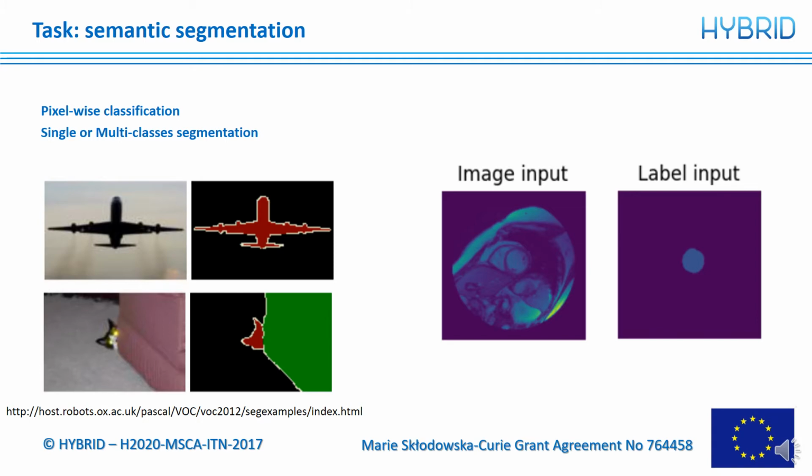For example, 0 for the carpet, 1 for the cat, and 2 for the sofa. And in our case, we will have as an image input the short axis view of the left ventricle chamber, and the output should be an image of the same size as our input, but with a classification on where we have background and where we have our left ventricular chamber.